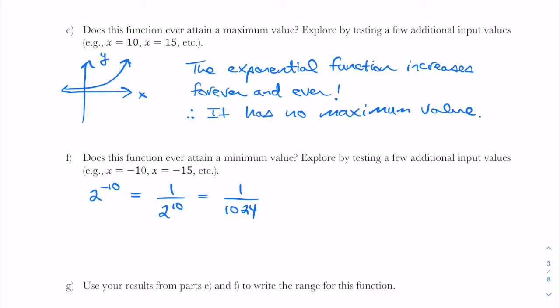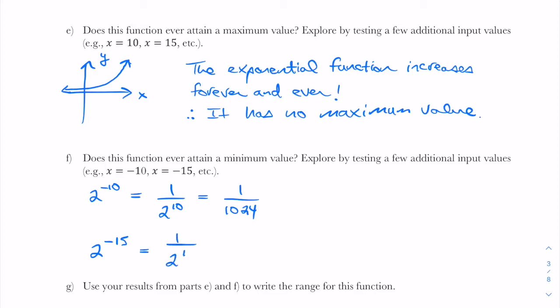In a similar way, 2 to the exponent of negative 15 is equivalent to 1 over 2 to the exponent of positive 15, which is 1 over 32,768. What is that number equal to? An even smaller decimal. So if you keep playing around with this, you'll notice that as the function moves to the left, the y values keep getting smaller, but they never get less than 0.